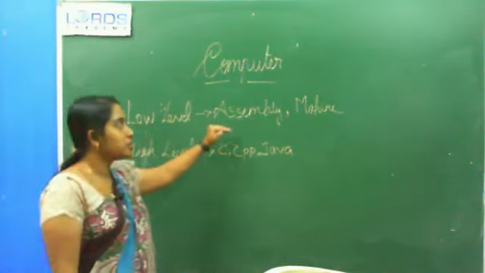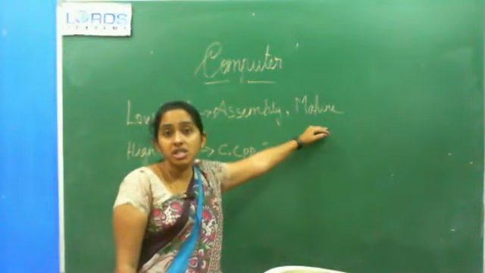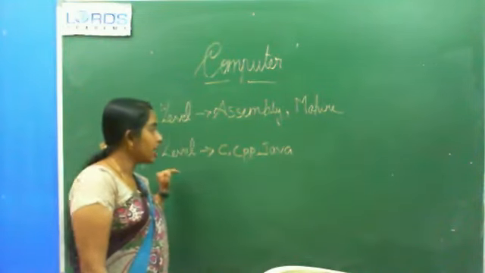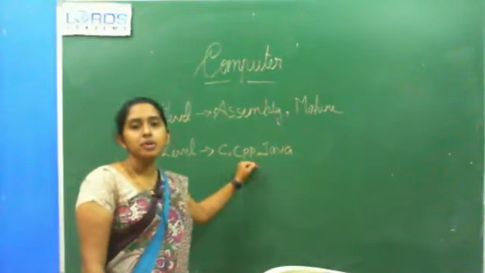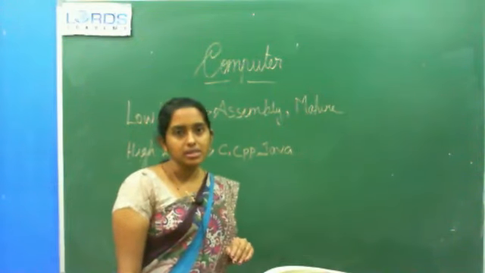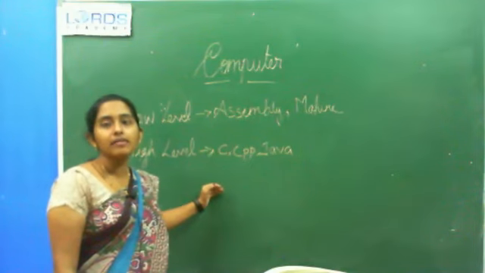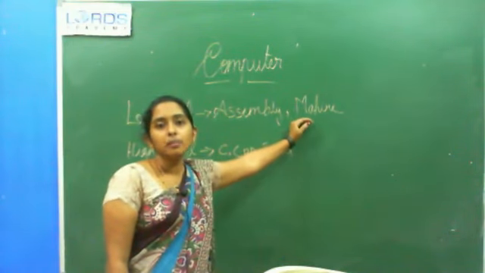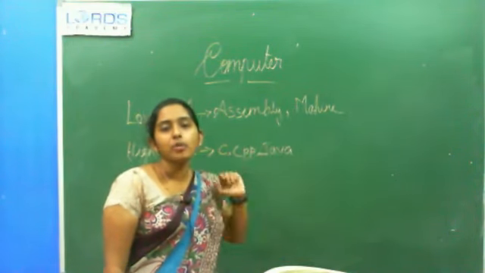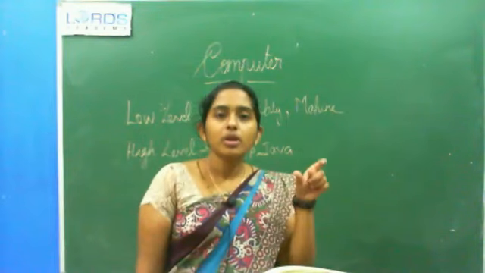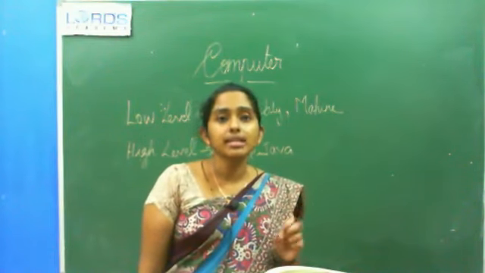Low level language means assembly language and machine language. And in high level language you can see C, CPP, Java, languages like that. We have to convert assembly language and high level languages into machine language, and only then can the computer understand. So, in between we have to use translators.